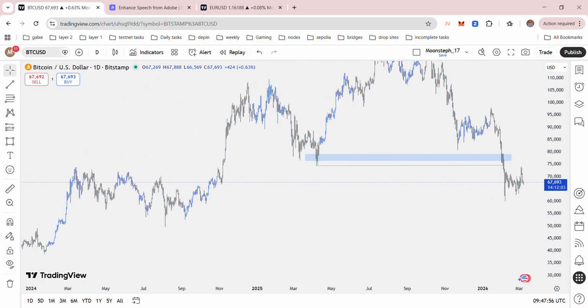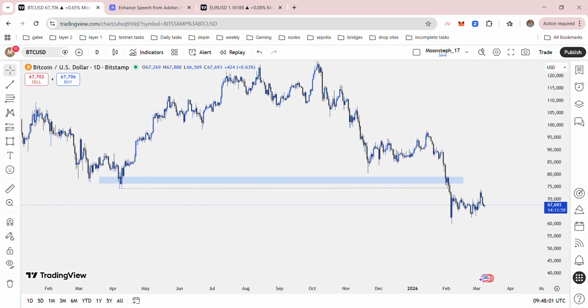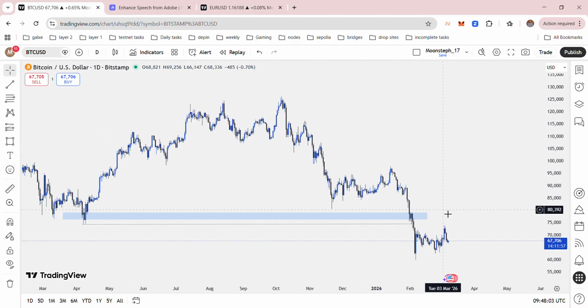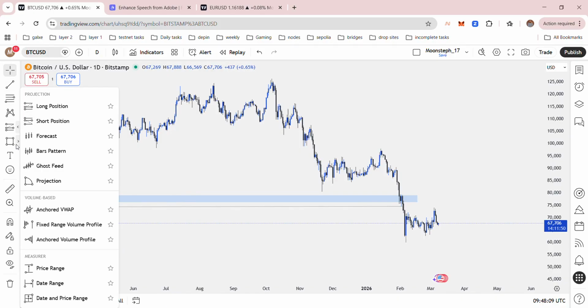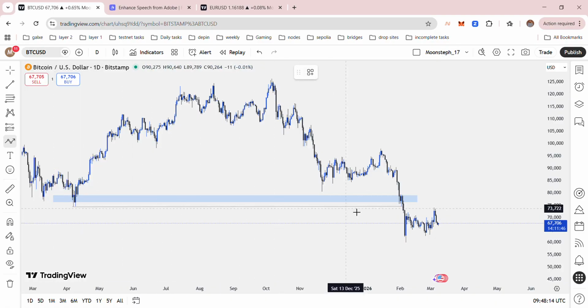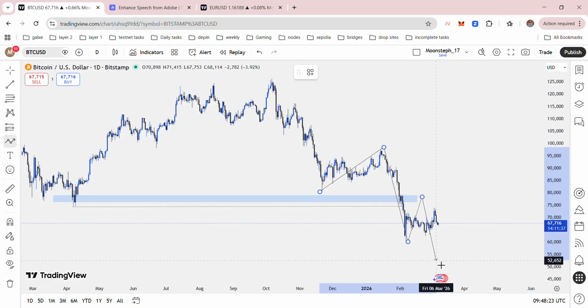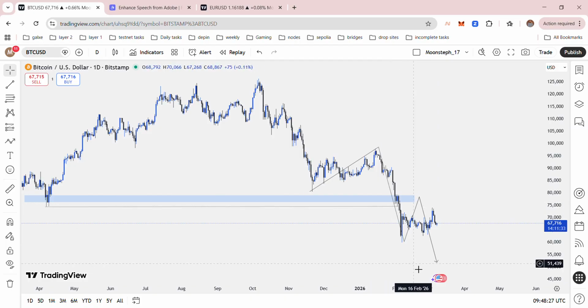So you can see this is my analysis on the daily time frame. So I expect market to come all the way, let's just say, all the way down to this place before coming to clear this zone, because this is a correctional move.